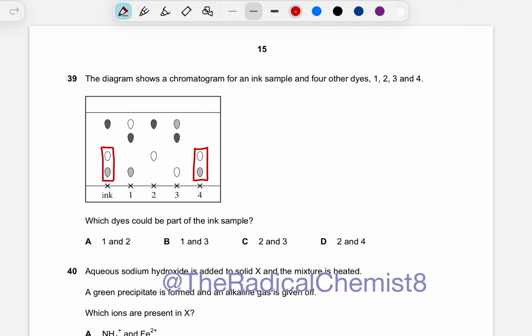And it also contains this one over here. This one over here is not a pure sample, so it's actually a mixture of these 2, which would be this. So which dyes could be part of the ink sample? It would be dye 2 and dye 4. So your answer would be D.